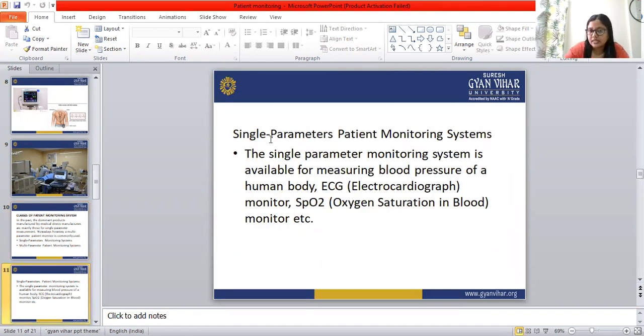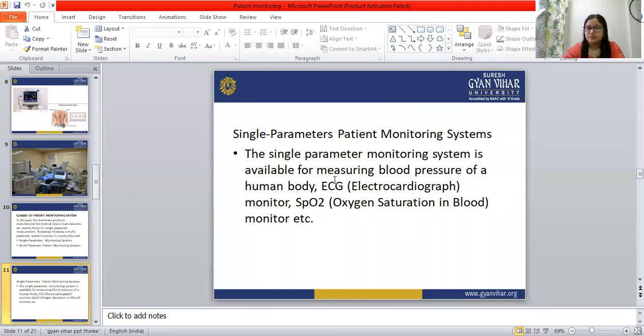We are going to learn what a single parameter patient monitoring system is. The single parameter patient monitoring system is available for measuring blood pressure of a human body. With that machine, we can only measure the blood pressure.